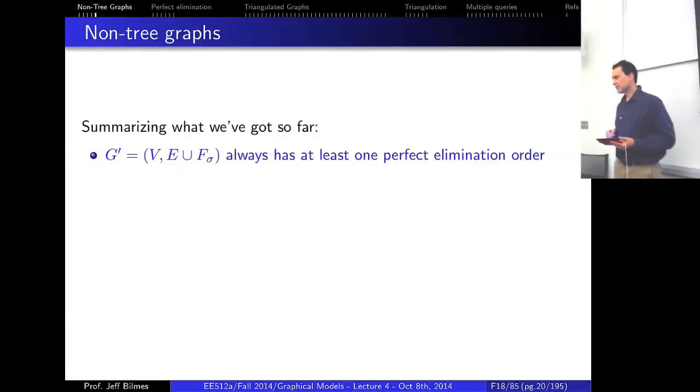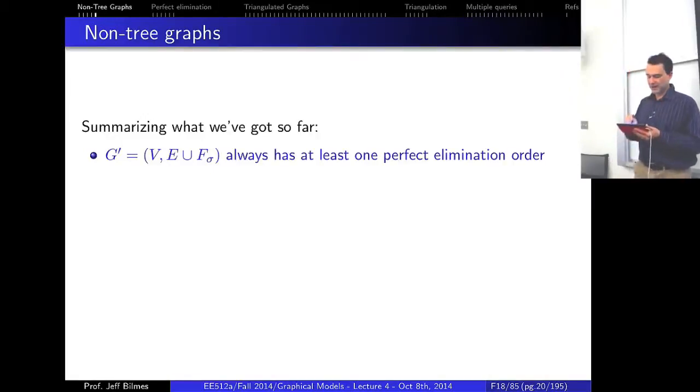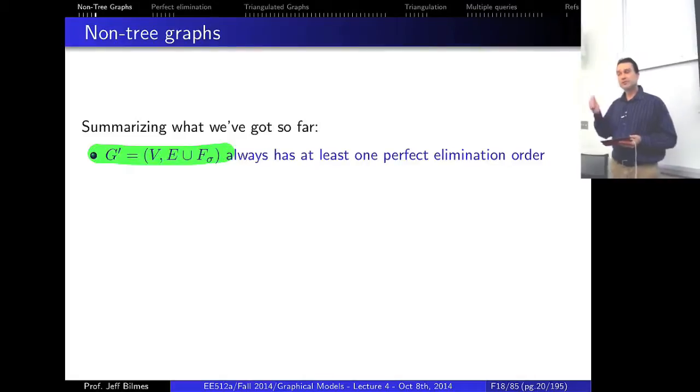Okay, so let's do a little bit of a recap, because I'm giving you a lot of information here. The reconstituted graph G prime, which consists of the vertex set and then the original edges and the fill-in edges F sigma, always has at least one perfect elimination order.